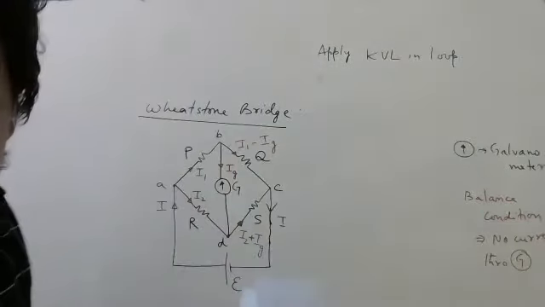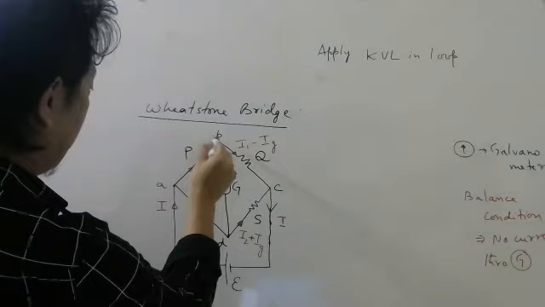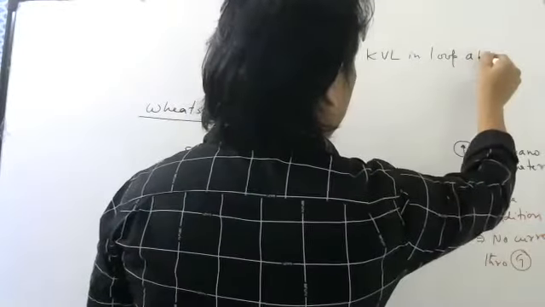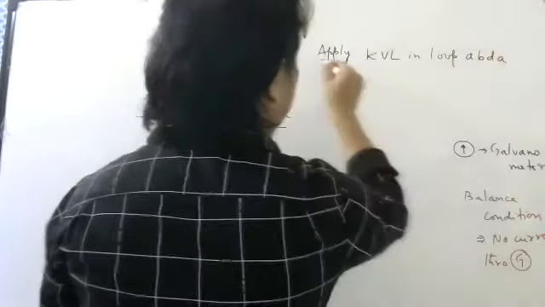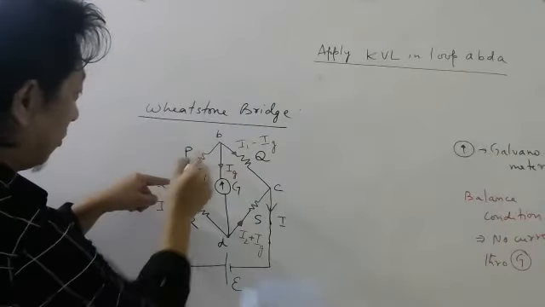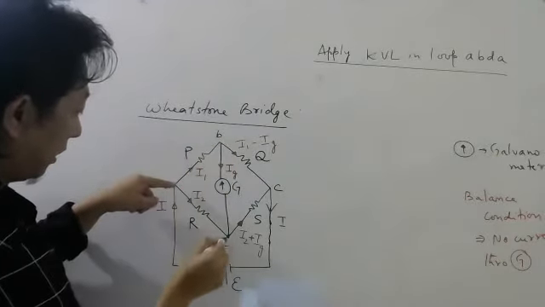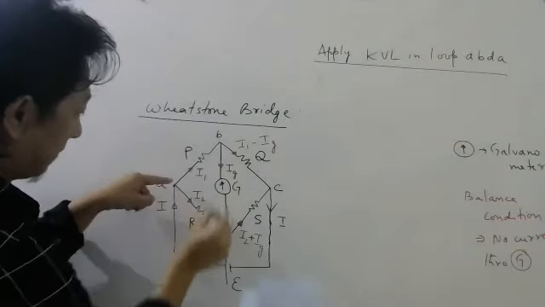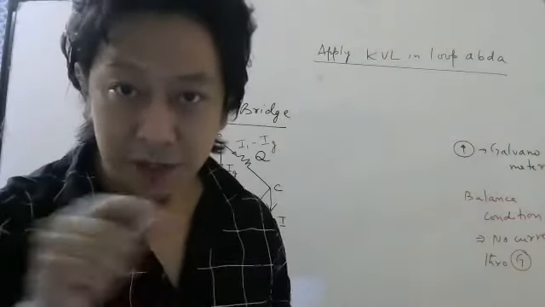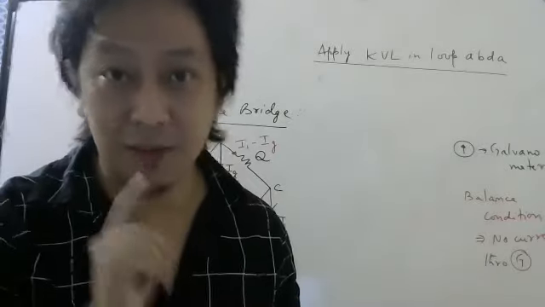So the first loop, let me choose A, B, D, A. I'm going to start from A, go to B, go to D, come to A like this. When I do that, the potential differences when you add, you should get 0.